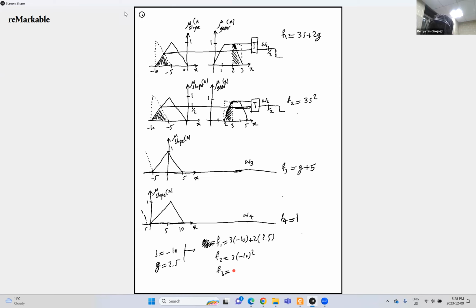F3 becomes G plus 5, 2.5 plus 5. F4 becomes 1. So let's calculate these. Minus 30 plus 5, it becomes minus 25. F2.